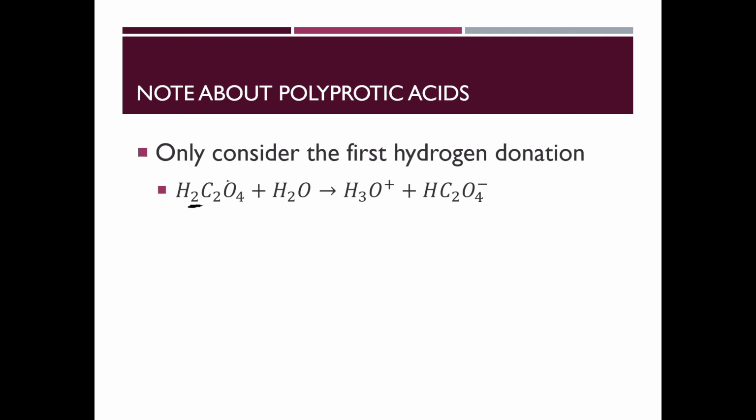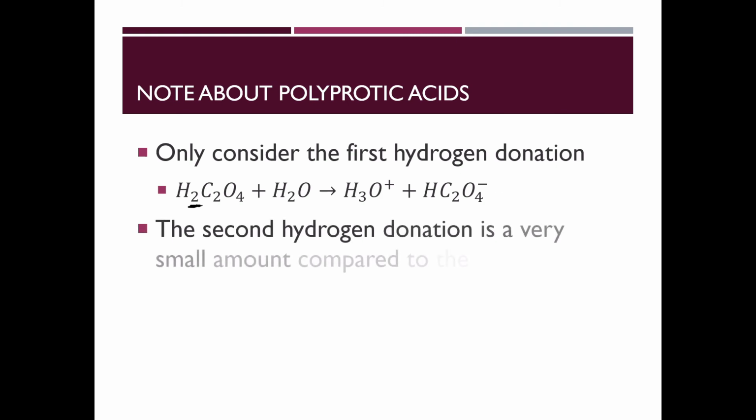But when doing Ka calculations, we only need to consider the first hydrogen donation. The reason is that the second hydrogen donation donates a very small amount that can be safely ignored. And this is true for all polyprotic acids. We only need to consider the first hydrogen donation.